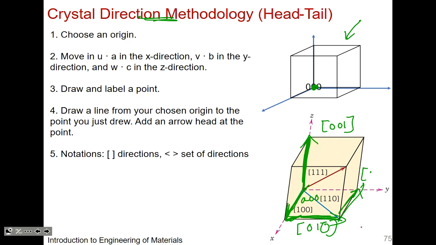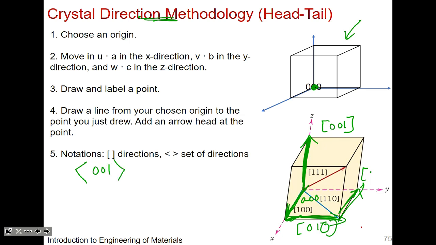If it's cubic, it shouldn't matter, right? It's all the same. The lengths are the same. A is equal to B is equal to C. It shouldn't be any different. So if you want to express that, you can just write something like this.